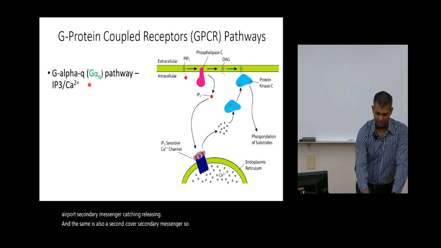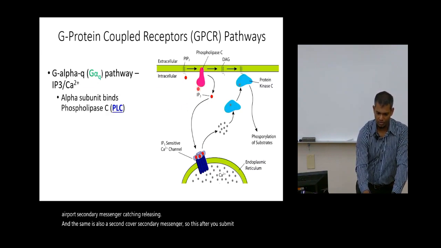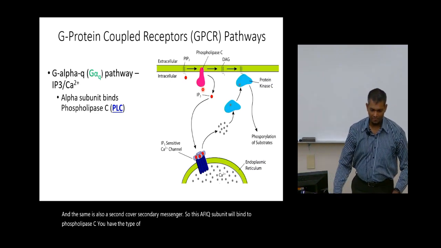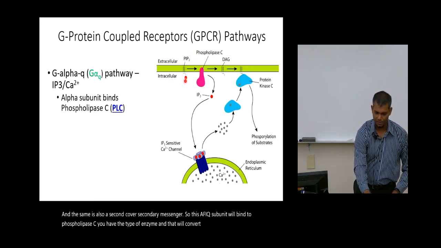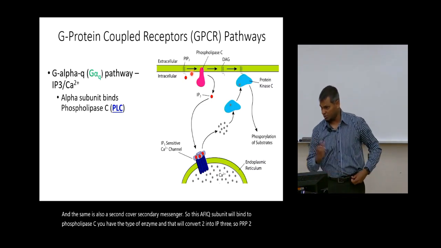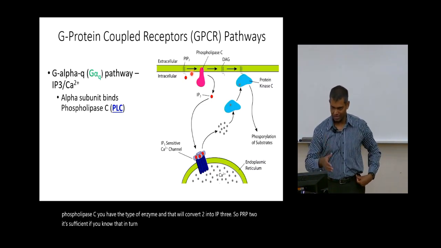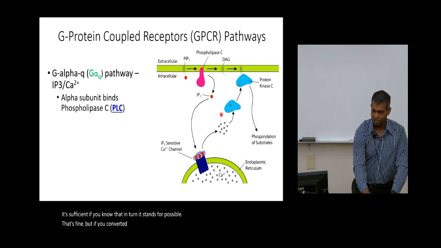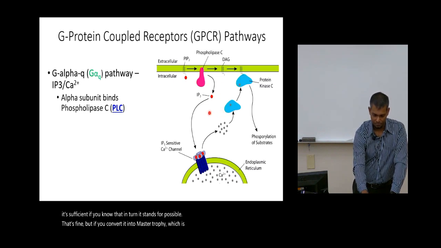So this alpha Q subunit will bind to phospholipase C, so that's a type of enzyme, and that will convert PIP2 into IP3. So PIP2, it's sufficient if you know that term. It stands for phosphatidylinositol bisphosphate, but it will convert it into inositol triphosphate, which is IP3.